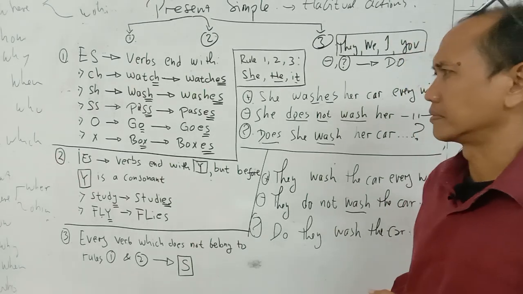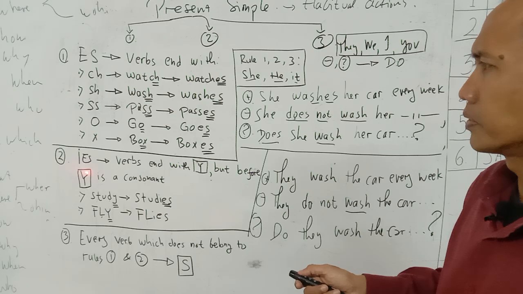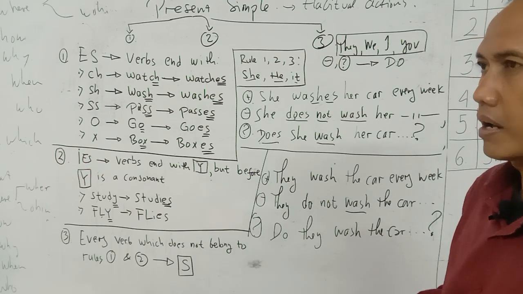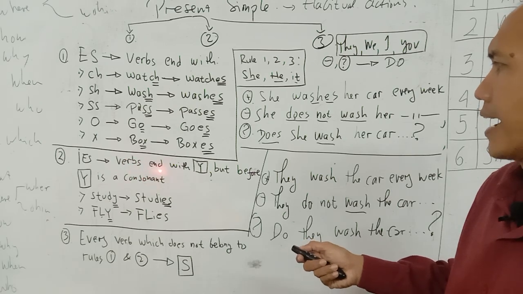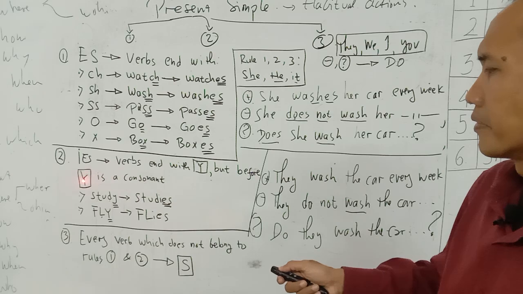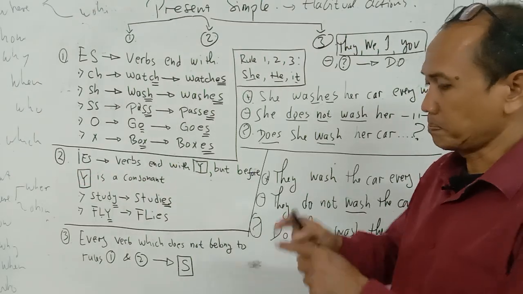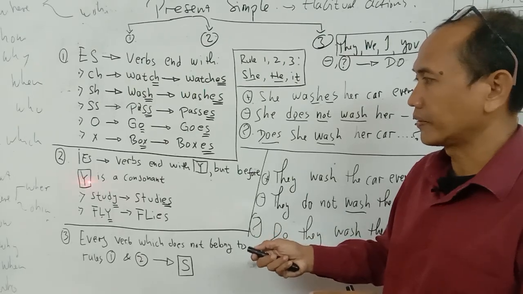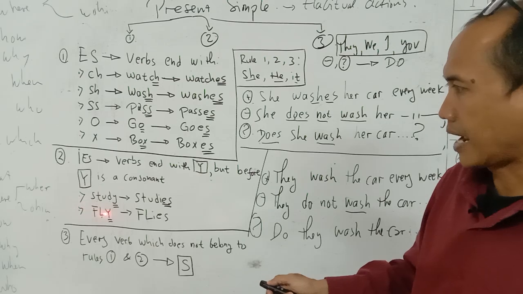Rule number 2. Rule number 2, you have to put ies. How? When verbs end with a y, but before the y is a consonant, you do not use the letter y, you use ies. Let's see the example.